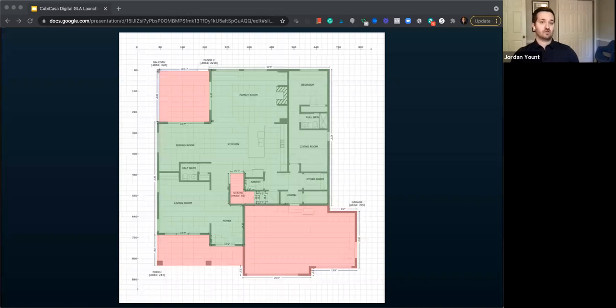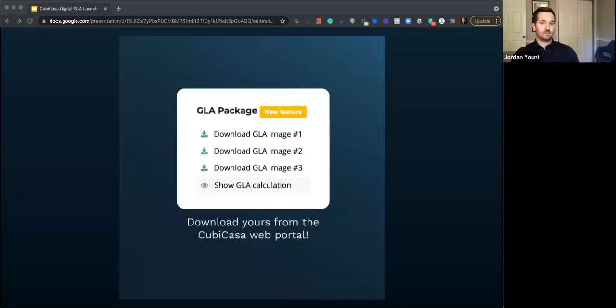Each floor of the home receives a GLA image with the total number and also the excluded areas. This is exactly what you would receive from our dashboard or the API that you are using to have that sent to your own order management system.